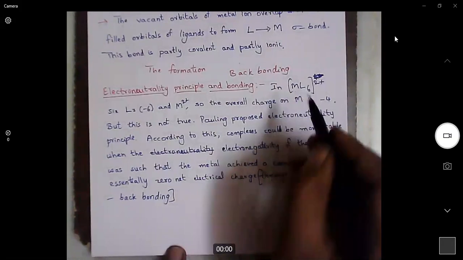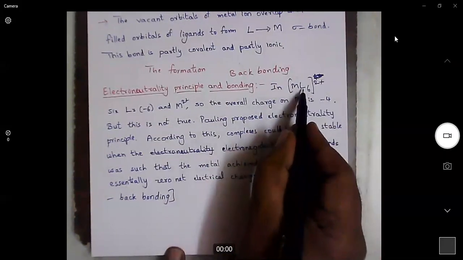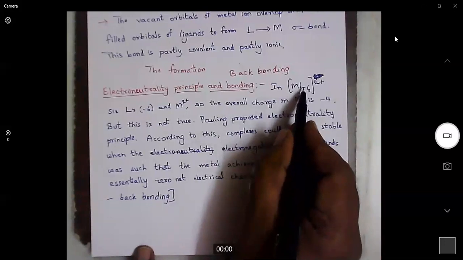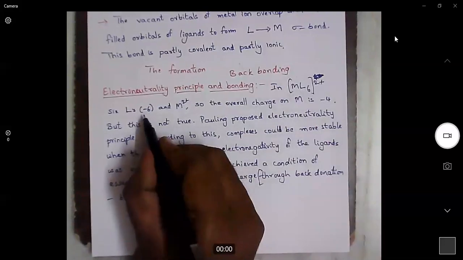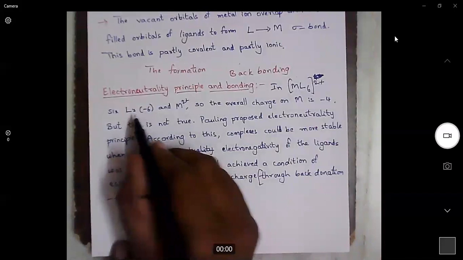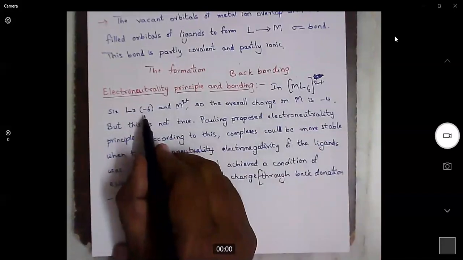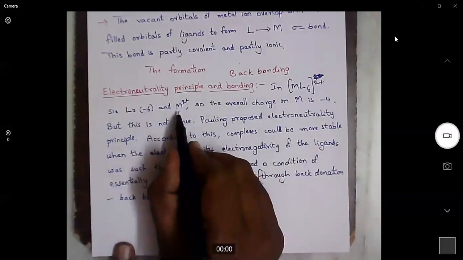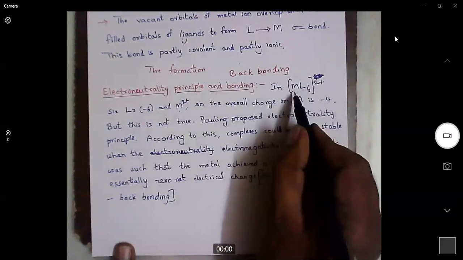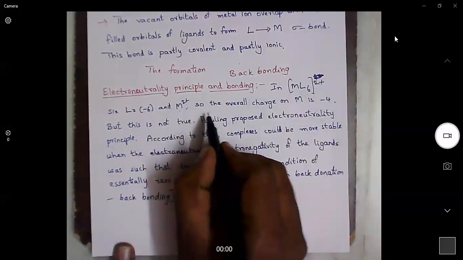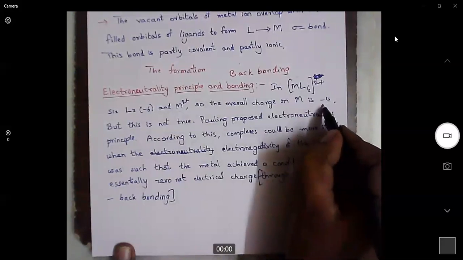That means if each ligand is giving a lone pair of electrons, we can take -1 charge. So 6 ligands will donate -6 charge. Because the metal is in +2 oxidation state, the overall charge on the metal must be -4.